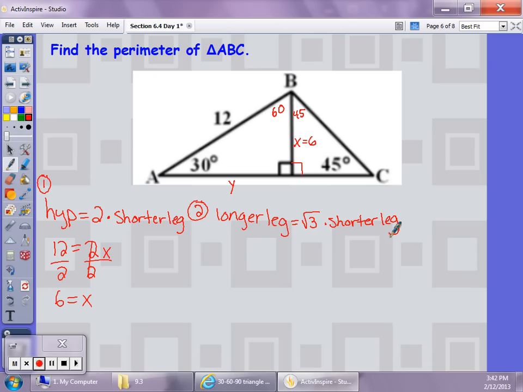So if we call the longer leg y, we're going to set that equal to root 3 times the shorter leg, which we just found to be 6. So now we know that the longer leg in this 30, 60, 90 triangle is going to be equal to 6 root 3.